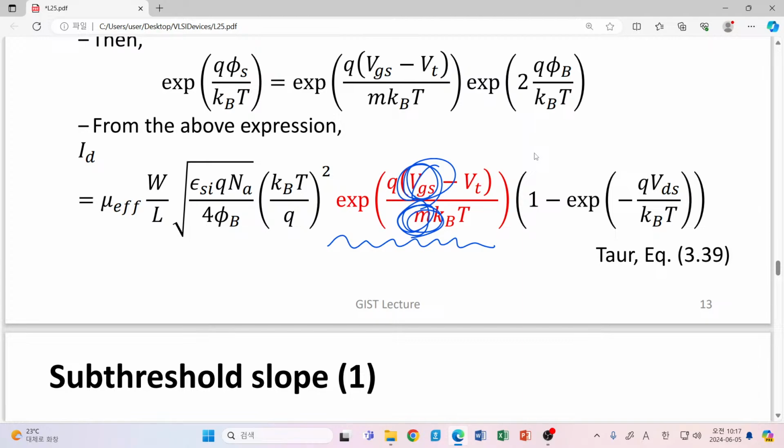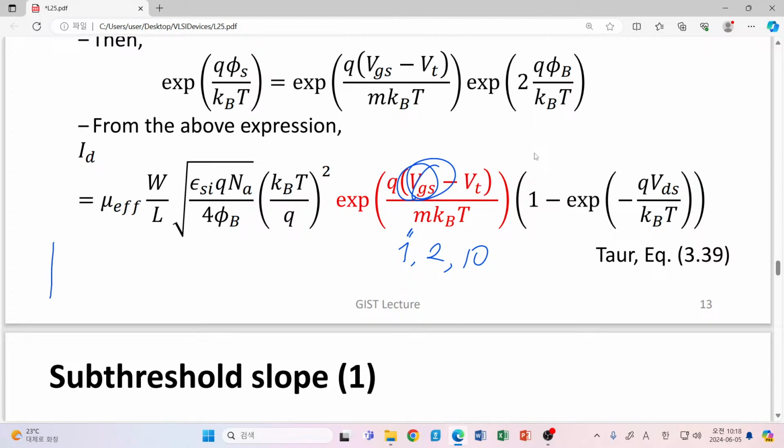So it means that if M is 1, then our current is sensitively dependent on the gate voltage. However, if this number is 2 or 10, it means that although we have increased our gate voltage by the same amount, the increase of current will be much more marginal.